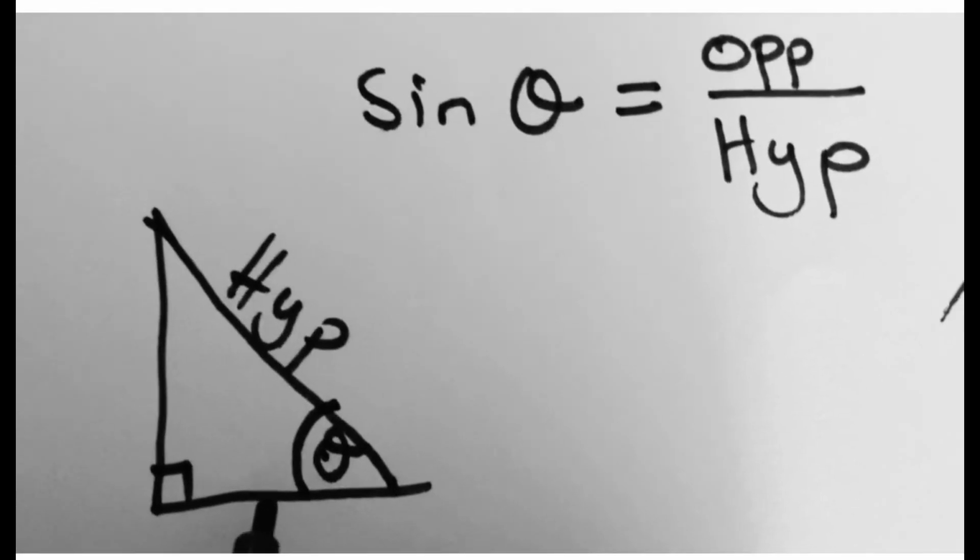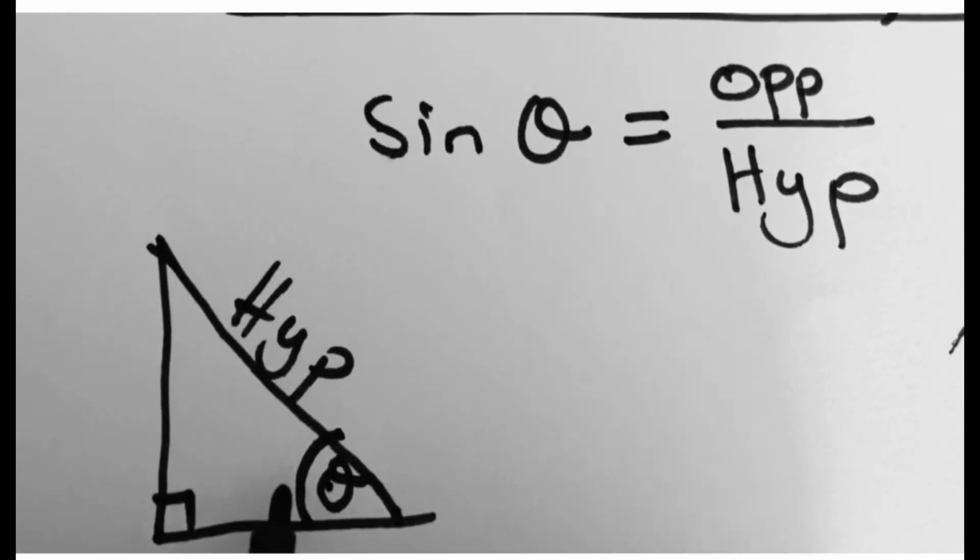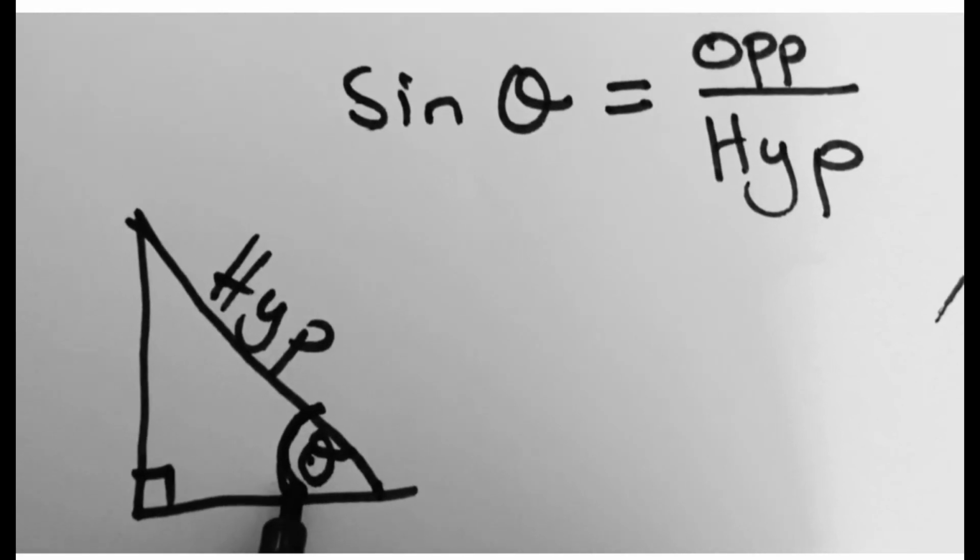Please take note that the side that is opposite the angle of consideration, which in this case is theta, that side that is opposite it is what you are going to call your opposite. The side that is adjacent to the angle of reference, adjacent to the right angle and the angle of focus, is going to be your adjacent.